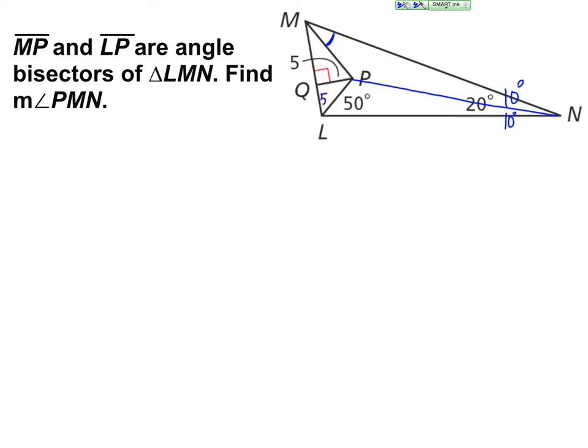50, this would be 50, wouldn't it? What's this whole corner? 100. What's this whole corner? 20. So what should this whole corner be? The great big triangle, 120, so that would have to be 60.